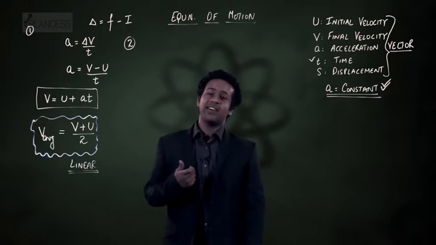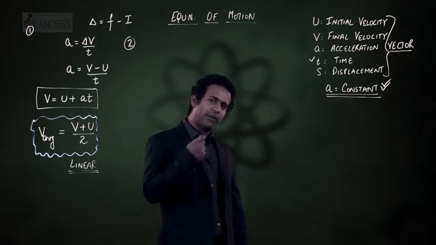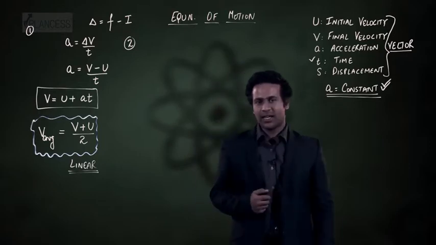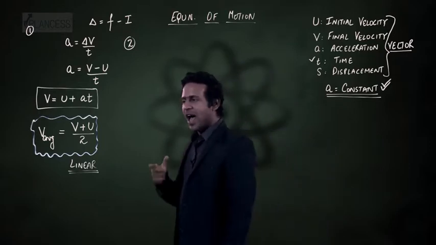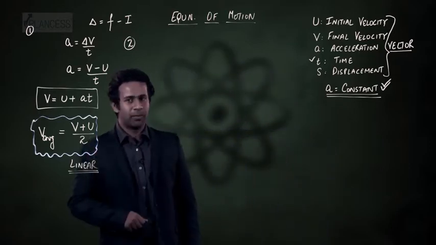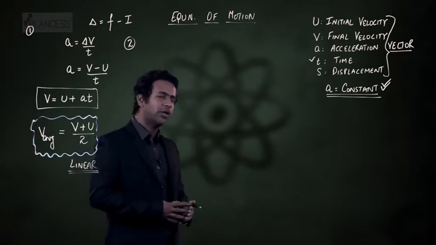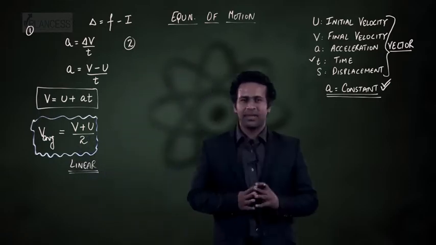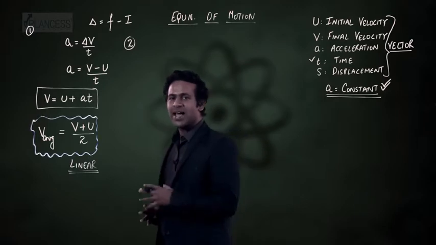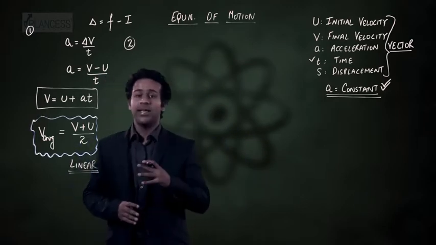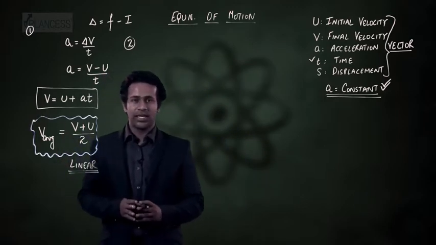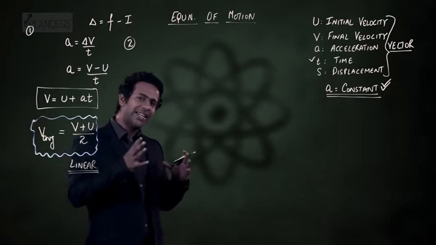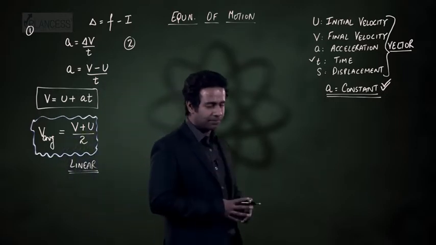Whenever acceleration is constant, the velocity curve is a linear curve, and in that case, the average value lies at the midpoint. Don't think about it too much. For now, you can accept this as a fact, that as long as acceleration is constant, we can write the average velocity as the mean of the initial and final velocity.